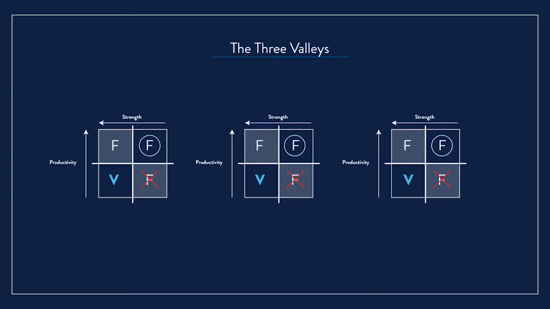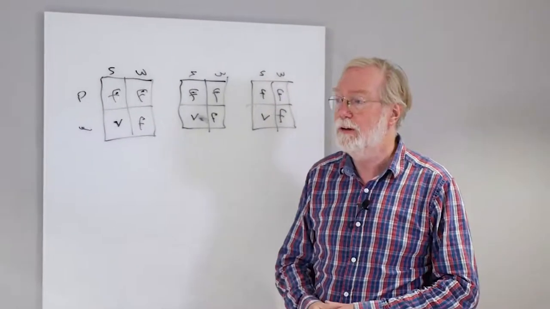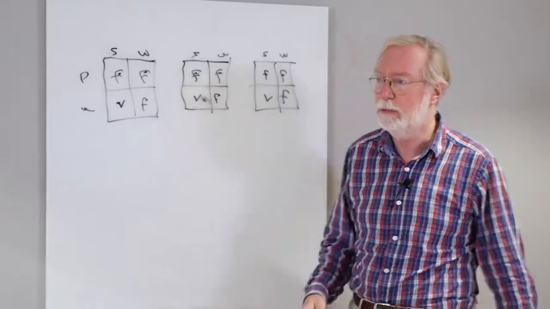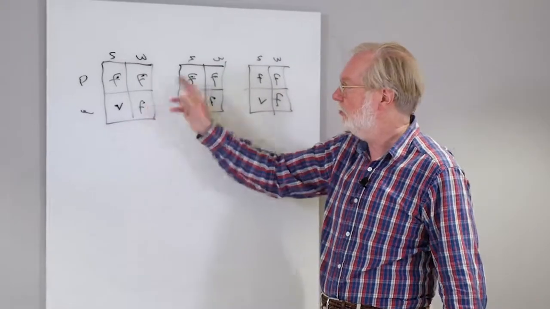This guy, who's a good farmer, but he's basically at the wrong end of a protection racket. So he's producing a lot, not actually eating very much, because he's handing a lot of his stuff to the violent guy. And that's happening in each valley. These three guys are already specialized in violence. That's what they do for a living. They're violent people. They've given up farming. These guys are all busy farming.